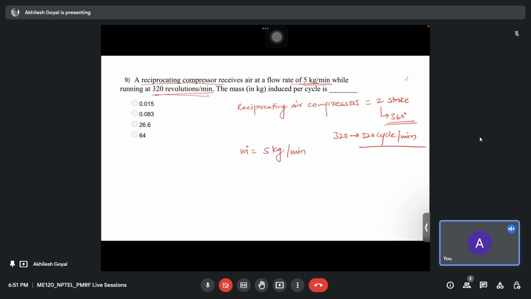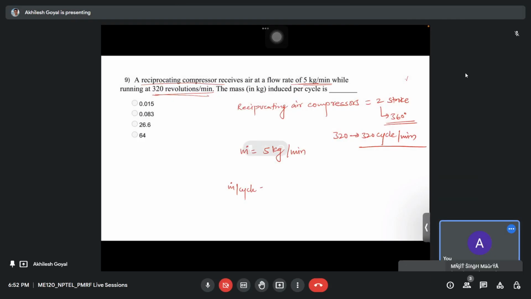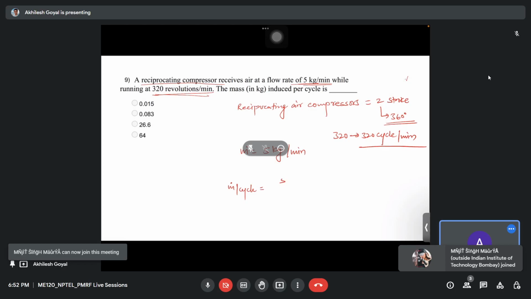So 5 kg of air is induced per minute for 320 cycles per minute. So the mass flow per cycle can be calculated as 5 kg of air per minute over 320 cycles per minute.